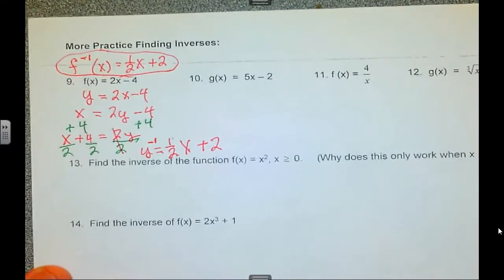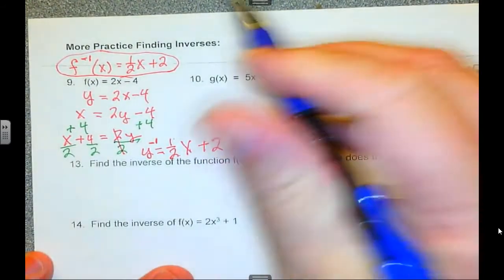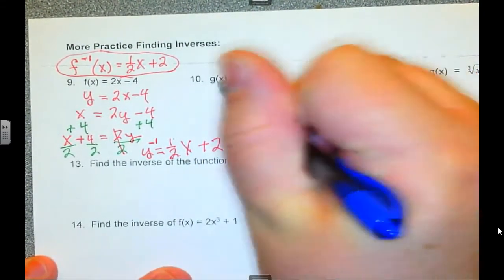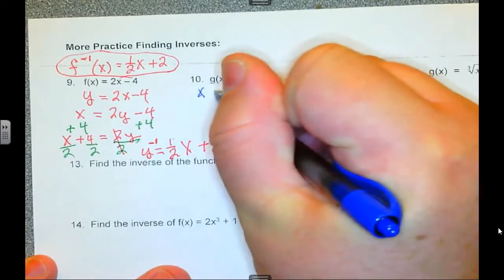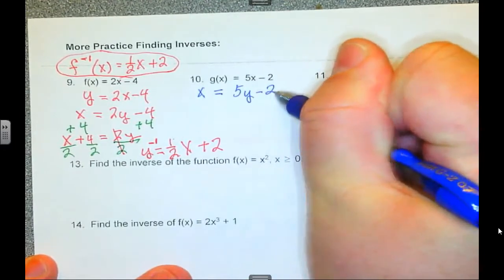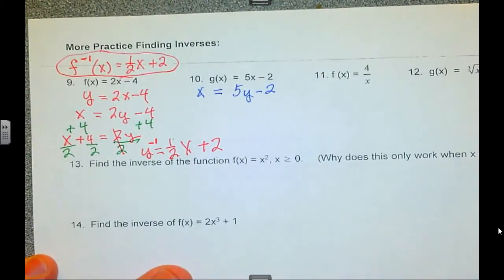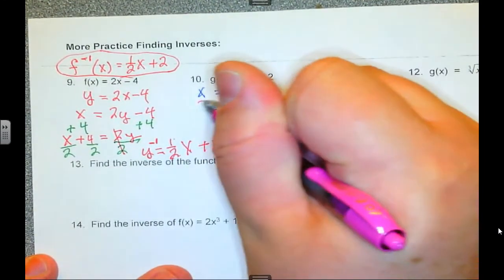Okay, number 10. So switch the x and y. So I have x equals 5y minus 2. Add 2 to both sides.